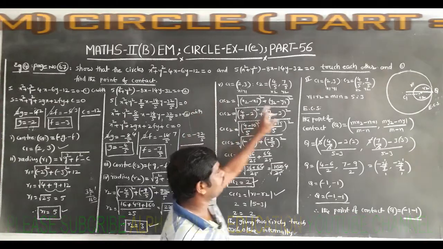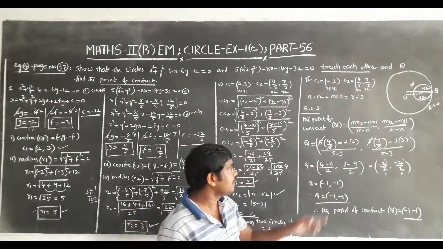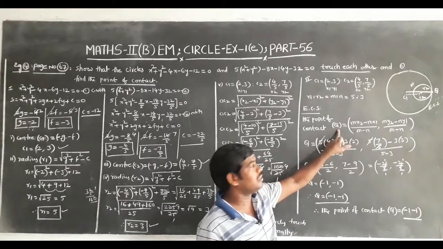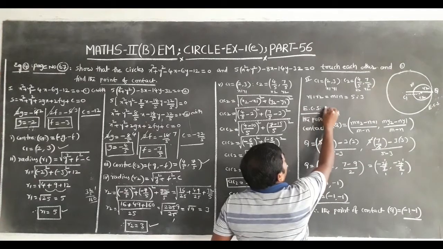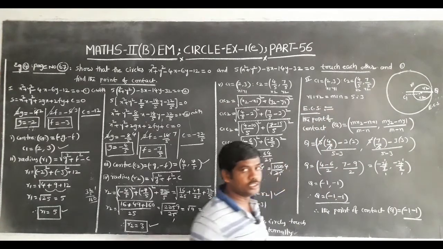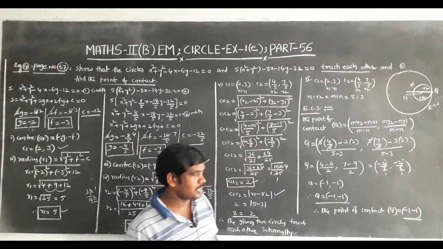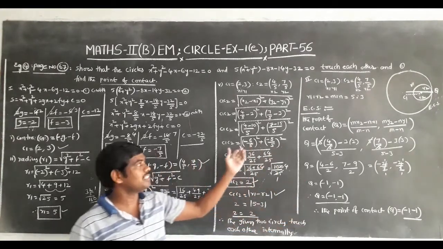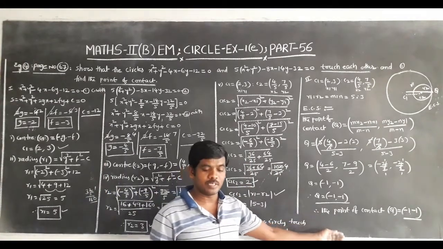Second part, find the point of contact. If the two circles touch each other internally, the point of contact is called the external center of similitude. This is the process for showing that two circles touch each other and finding the point of contact.